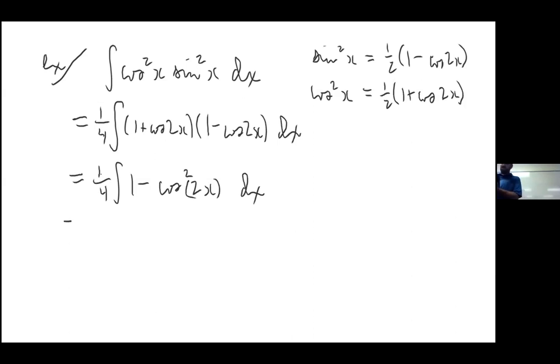This is going to be 1/4 times the integral of 1 dx, which is very easy, minus 1/4 times the integral of cosine squared of 2x dx. I broke that up and distributed the 1/4. The first part is just x times a fourth. But what about the second thing? What on earth do I do there?